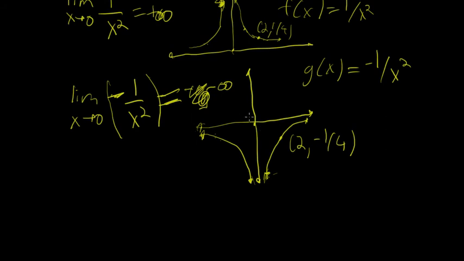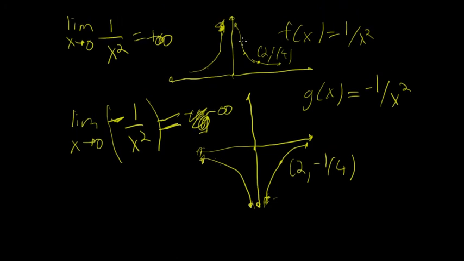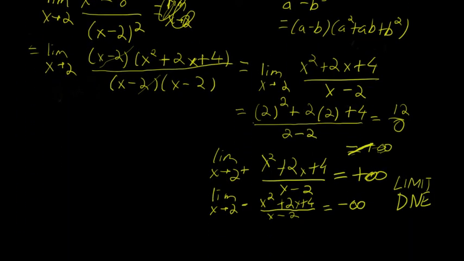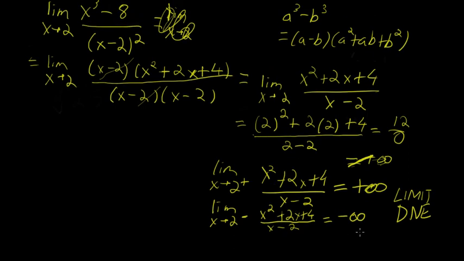So even though some teachers would want you to write the limit doesn't exist in these two cases, there is a definite interpretation. While in the earlier problem there wasn't, because from the left and the right, one approached positive infinity while the other approached negative infinity.